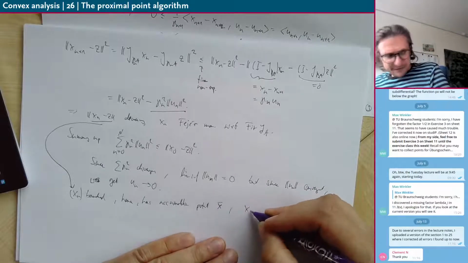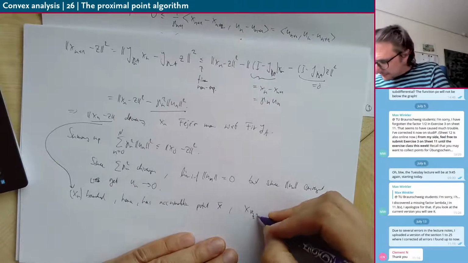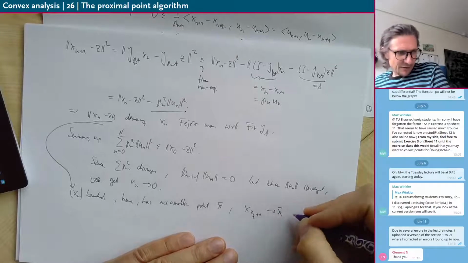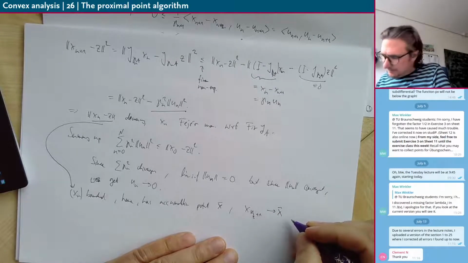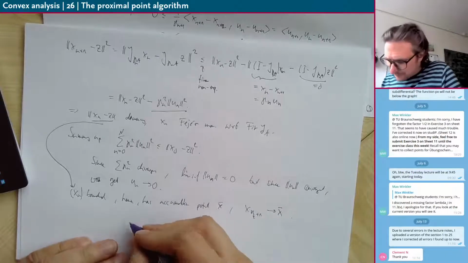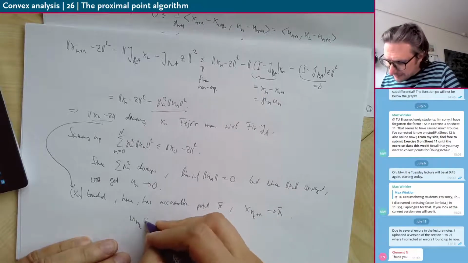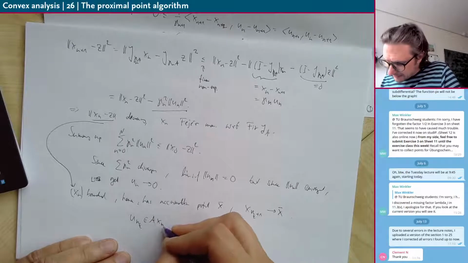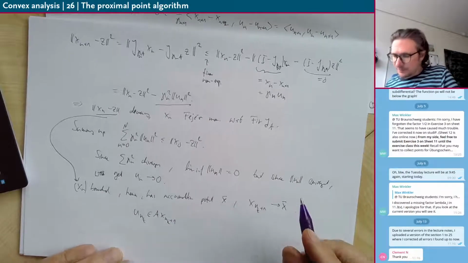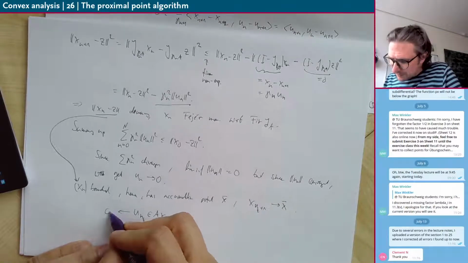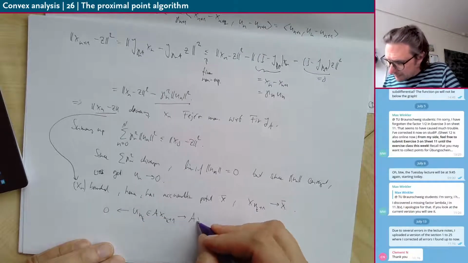So we say x_{n_k+1} converges to x bar. But then we have u_{n_k} is in A x_{n_k+1}. So this is the difference of the u_n, but this goes to 0 and this goes to A x bar.